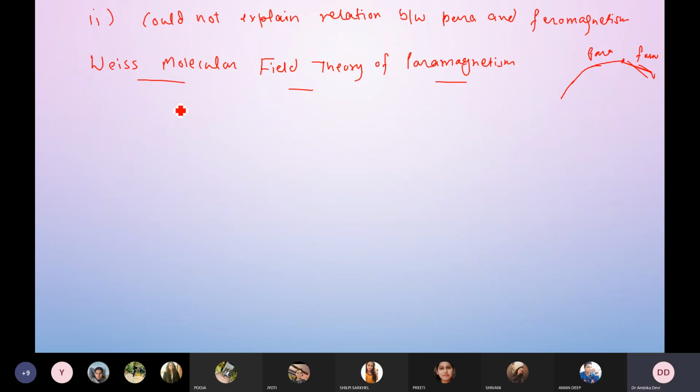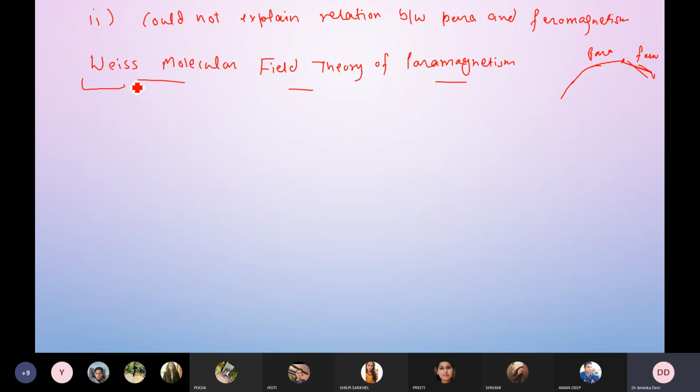So Weiss introduced this theory. What he did, he just modified the Langevin theory of paramagnetism by introducing a new concept of internal molecular field. We found that the internal molecular field was not taken into account while discussing the Langevin theory of paramagnetism.